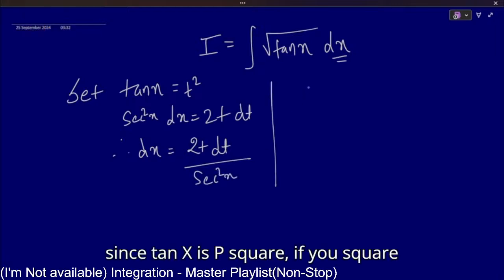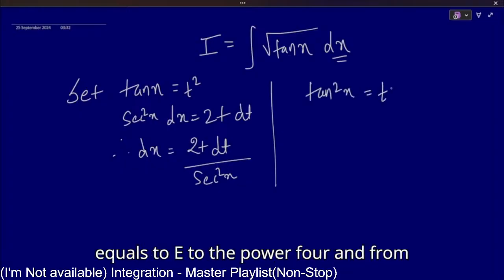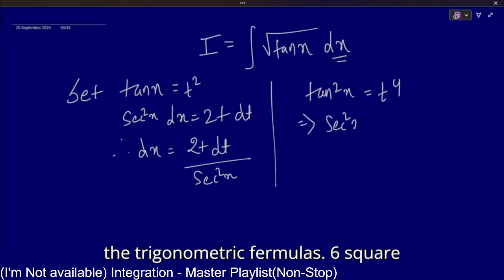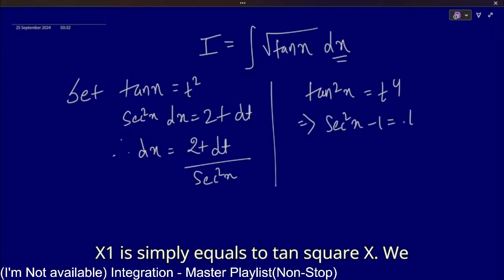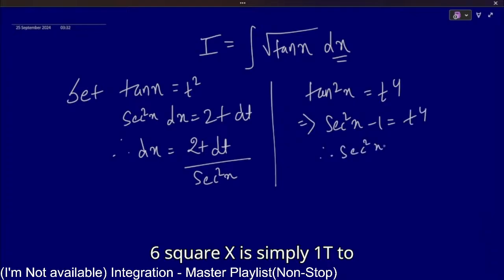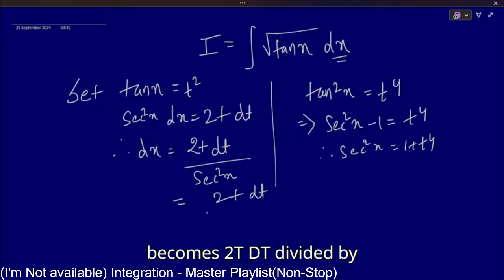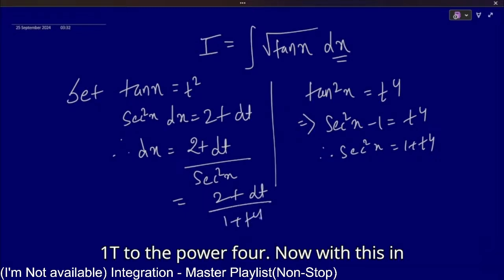Also, since tan x is t squared, if you square both sides, you will get tan squared x equals t to the power 4. And from the trigonometric formulas, sec squared x minus 1 is simply equal to tan squared x. We can substitute for that, and therefore sec squared x is simply 1 plus t to the power 4. And this term here becomes 2t dt divided by 1 plus t to the power 4.